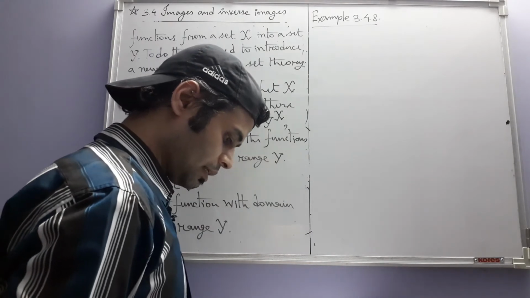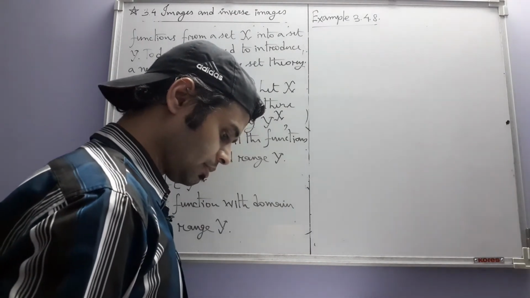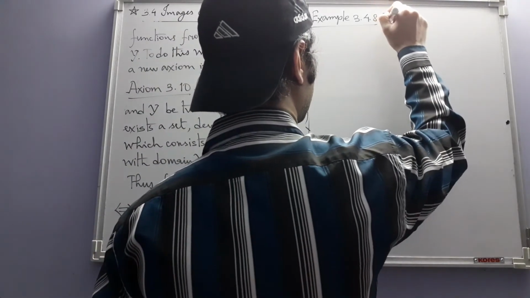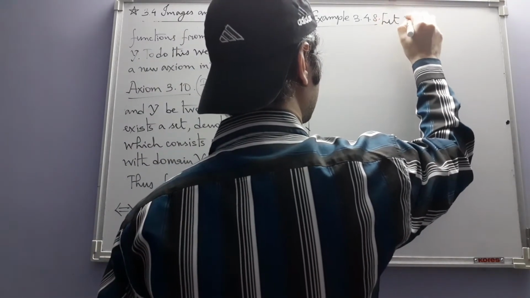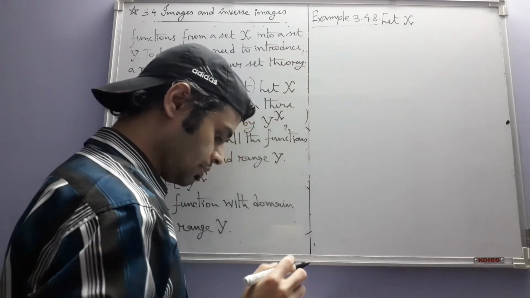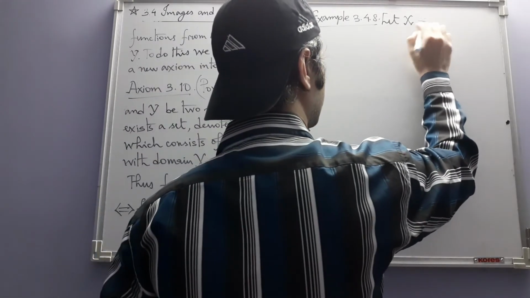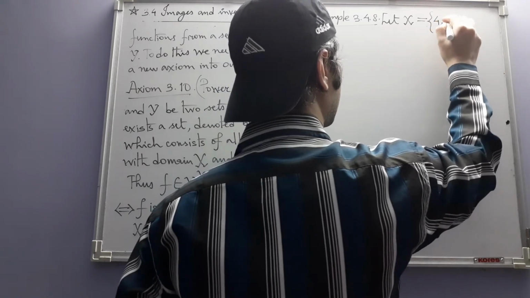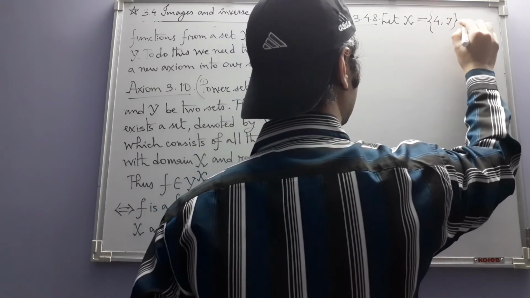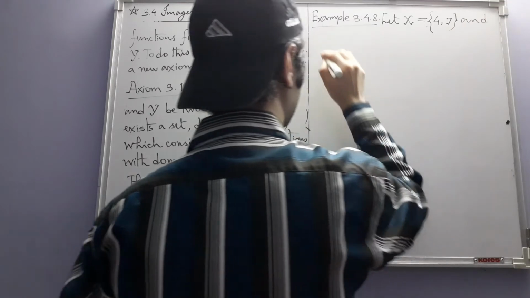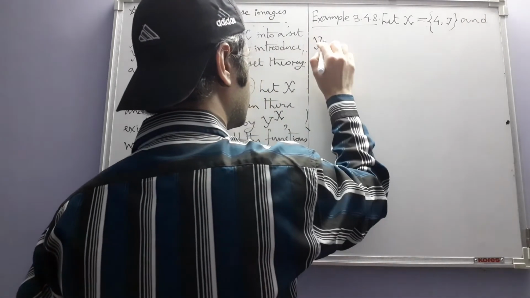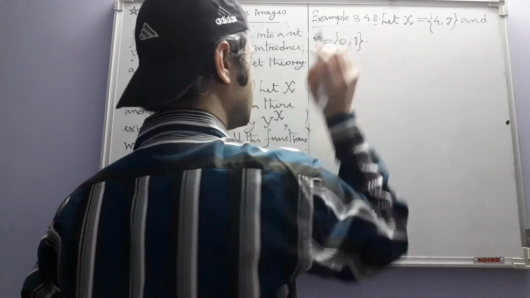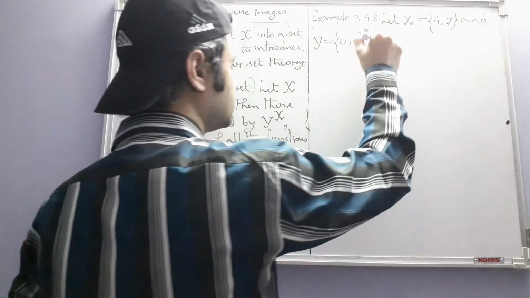Okay, the sets are somewhat strange, but still, let us just see what it says. Let X be equal to {4, 7} and Y be equal to {0, 1}.